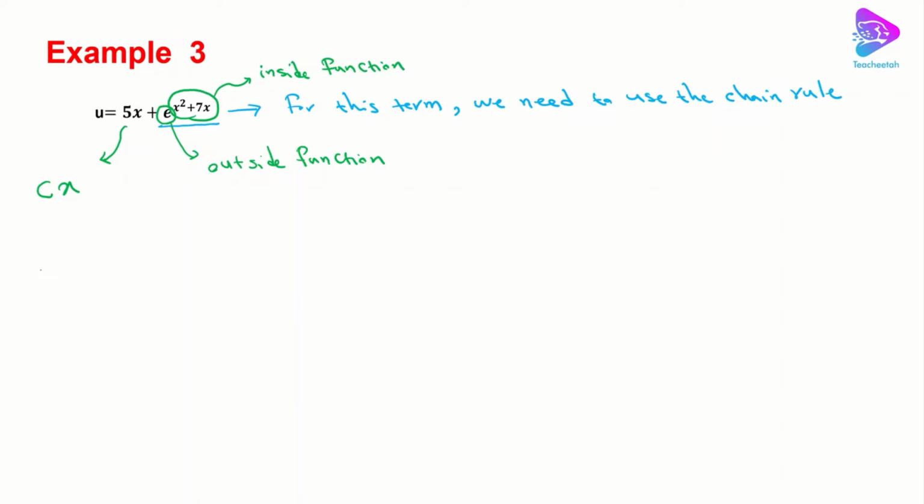So the derivative of this function, du over dx, u prime, equals 5 plus the derivative of the outside function, which is the same thing that we have, e to the x squared plus 7x, and then the derivative of the inside function times 2x plus 7, and this is going to be the answer for this problem.